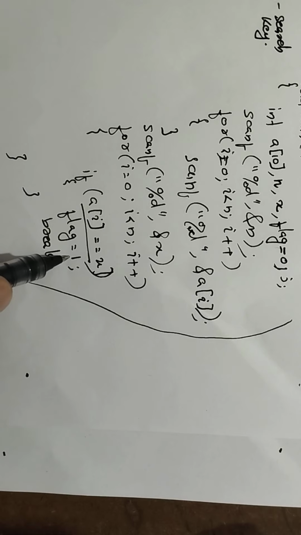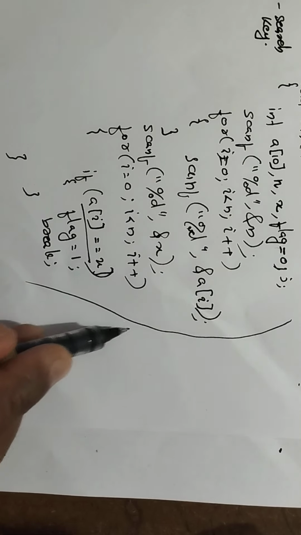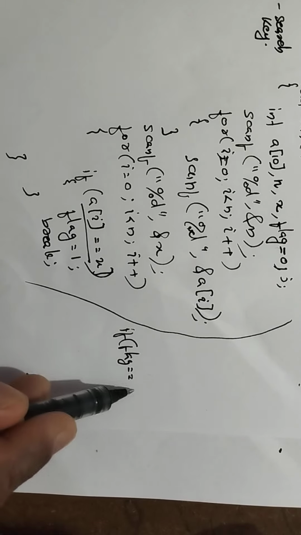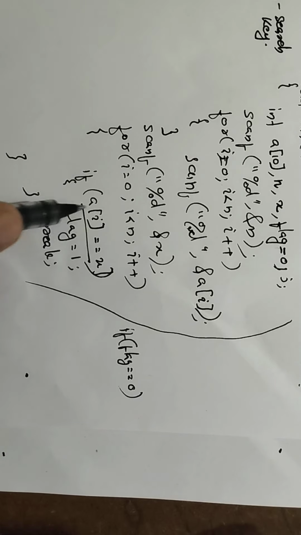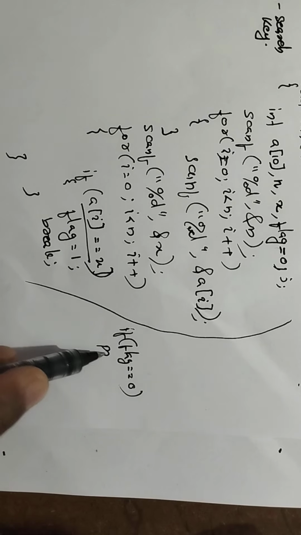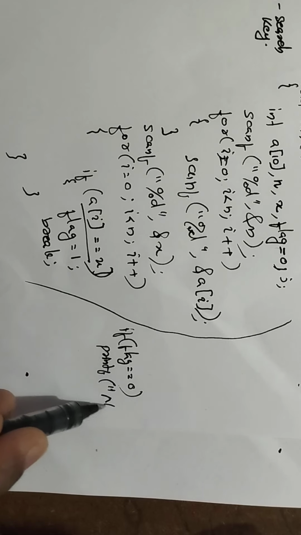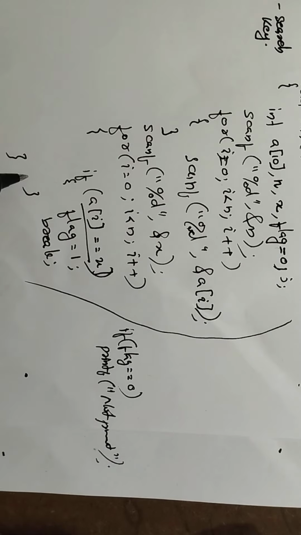So outside the loop we check if flag value is equal to 0. That means this condition was not satisfied inside the loop, so we can straight away say that the value could not be found. A printf statement like this, not present, can be given at the console.